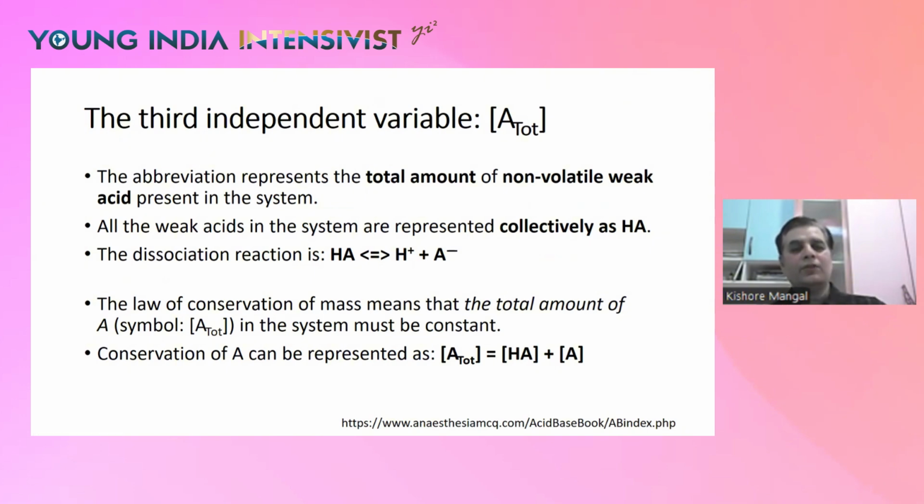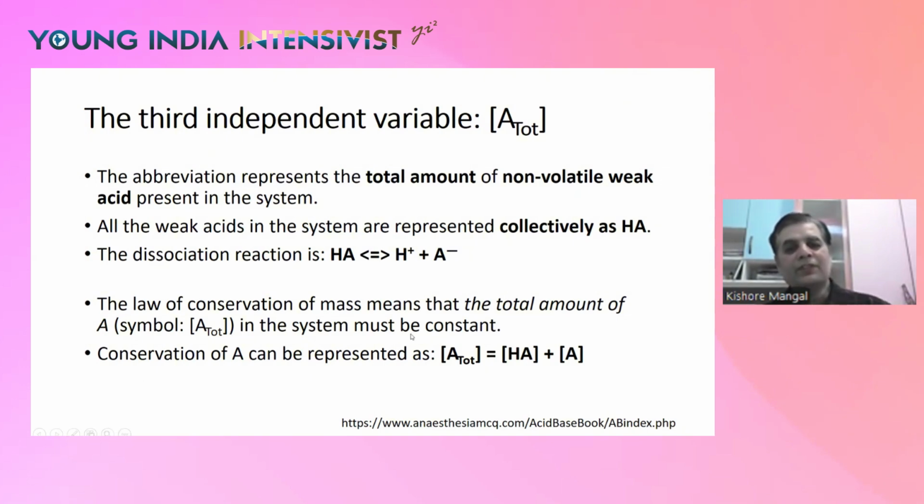Coming to the third variable, which is ATOT. So what is ATOT? The abbreviation ATOT represents the total amount of non-volatile weak acid present in the system. It is collectively known as HA, and it includes mainly phosphate and albumin, but also in small amounts uric acid and other unmeasurable anions.